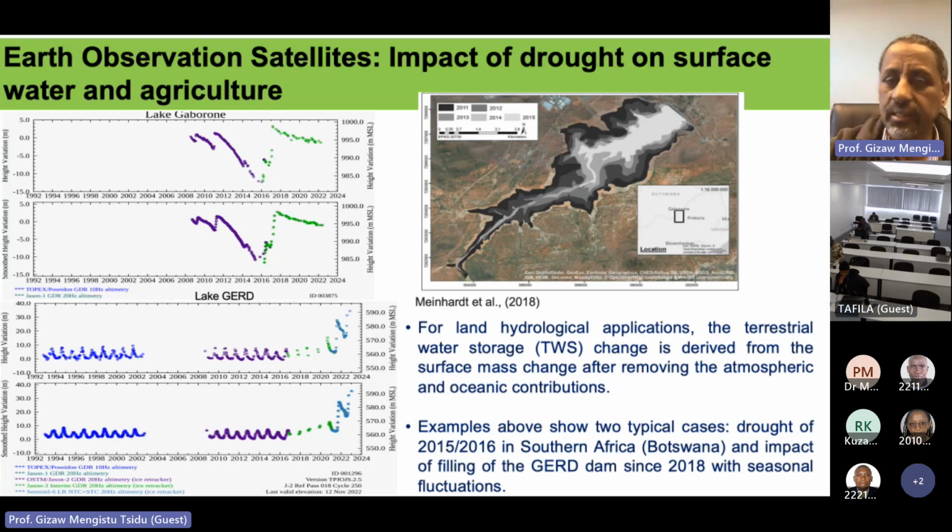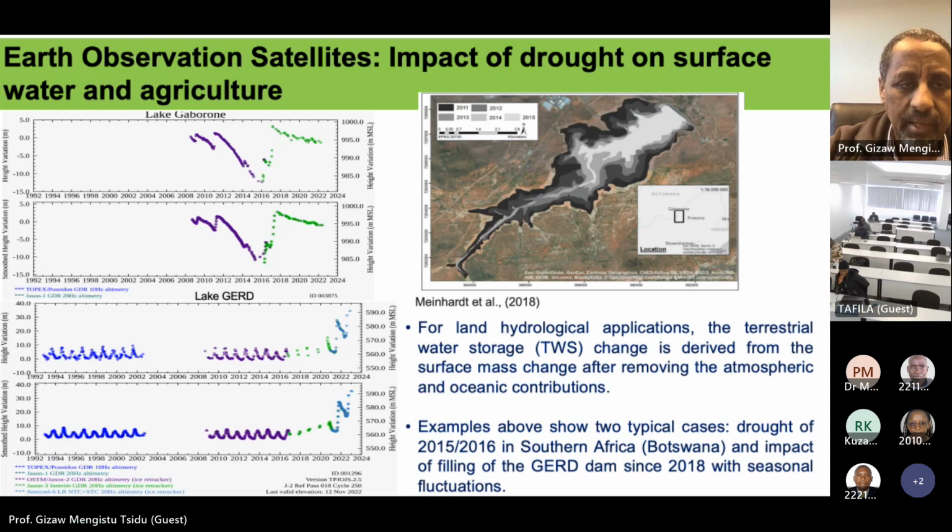On the top right corner of your screen, you can clearly see the dry part of the dam shown by dark color. The dark color was the water extent in 2011, for instance. As you go toward this white color, that is the case of 2015. You barely find water at the center of the dam.